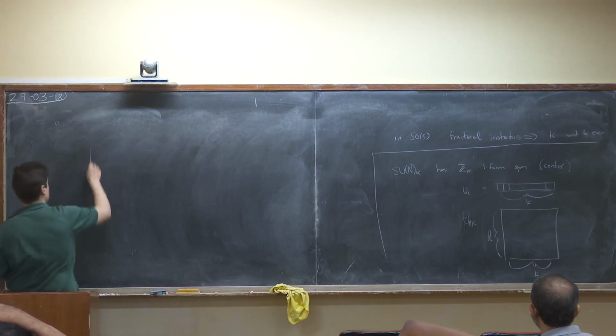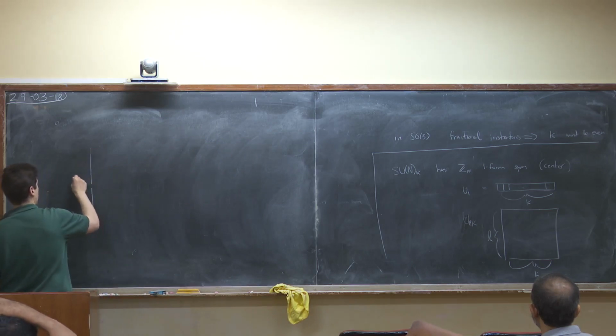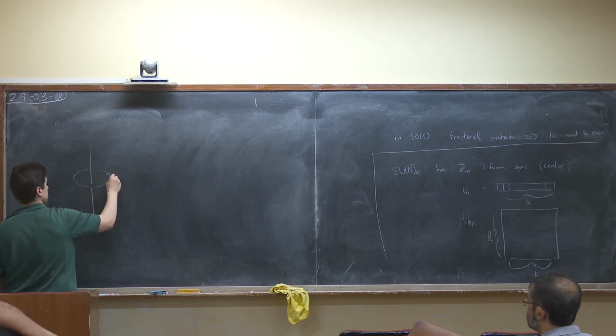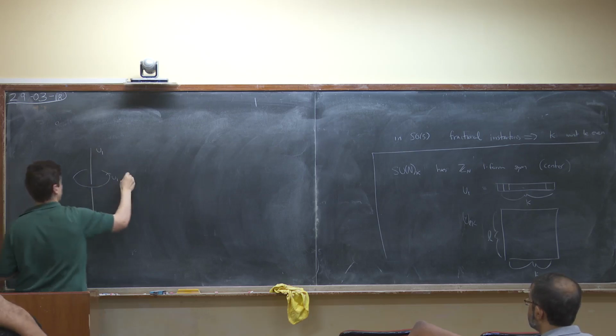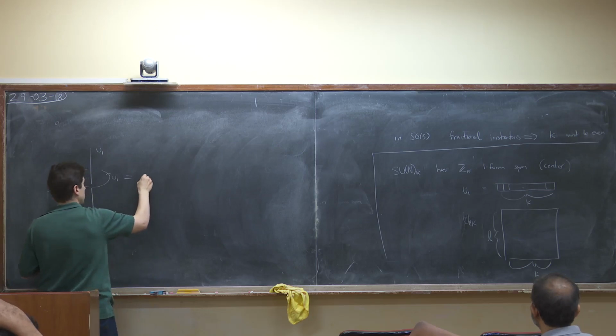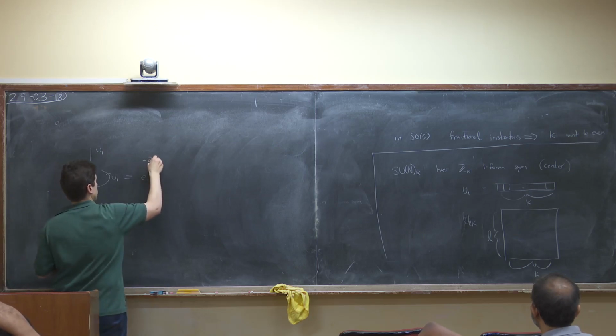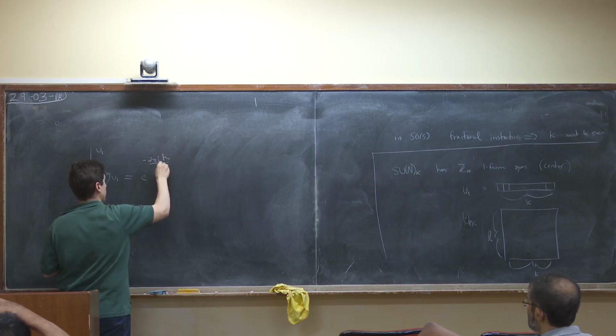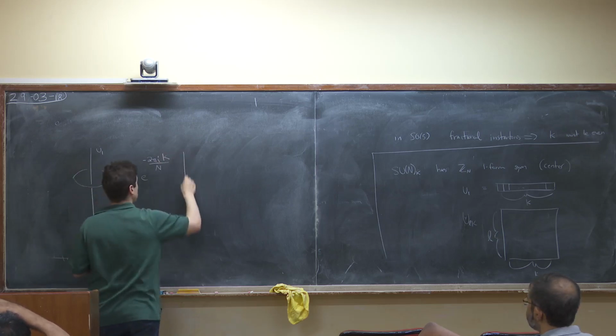So for instance, the braiding of U_1 around U_1 is e to the minus 2 pi i k over N times U_1.